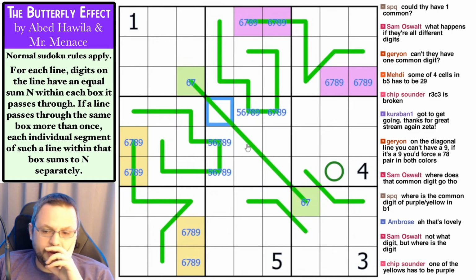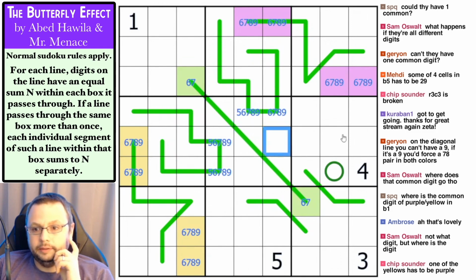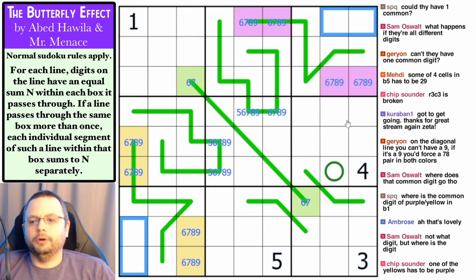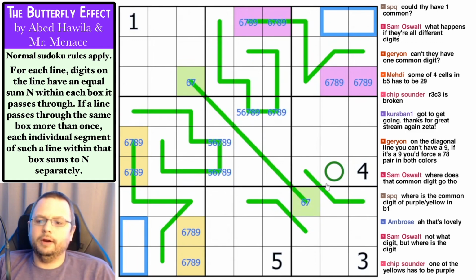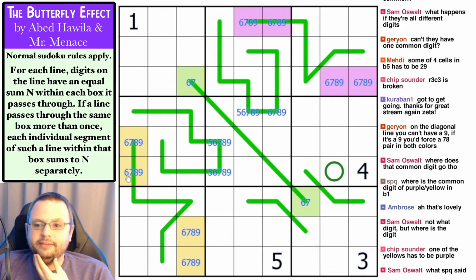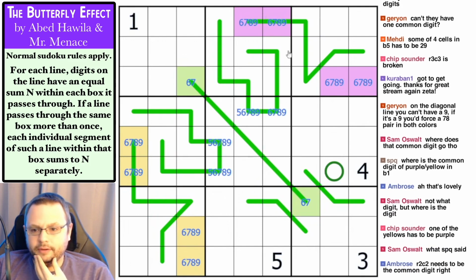So 1 and 2 are definitely on here. People are suggesting that maybe I look at the fact that green is here and here. Doesn't look helpful yet. But the point is, yeah, as Chip says, one of the yellows is purple. So I want to be super, super careful before I go about my day, because there is an overlapping digit between these.